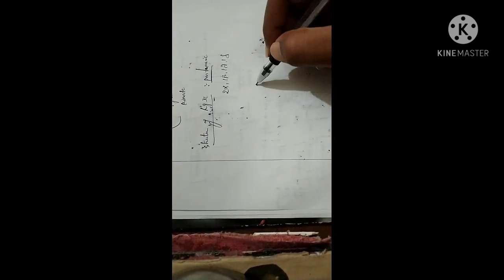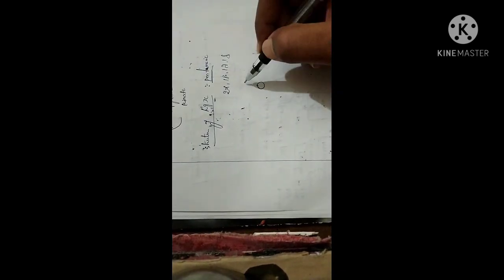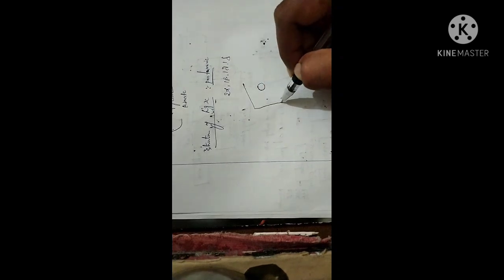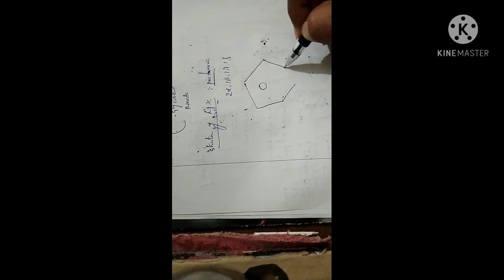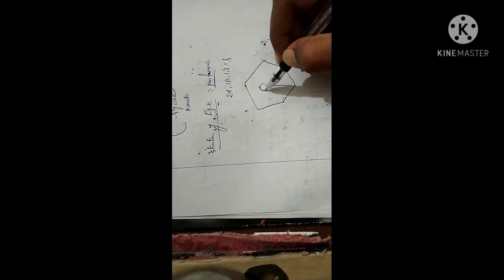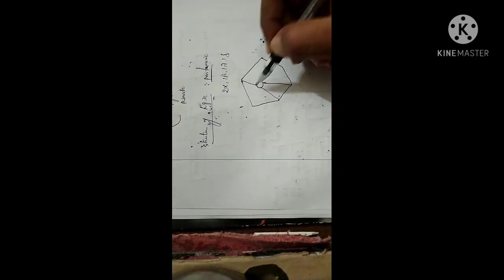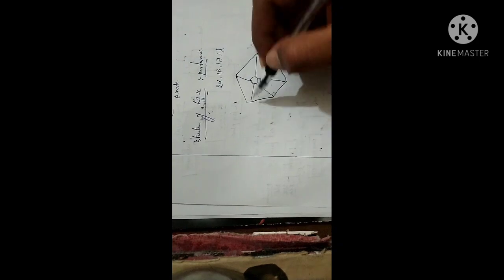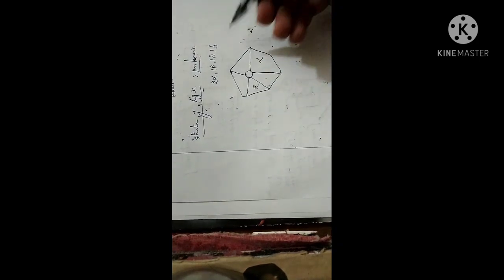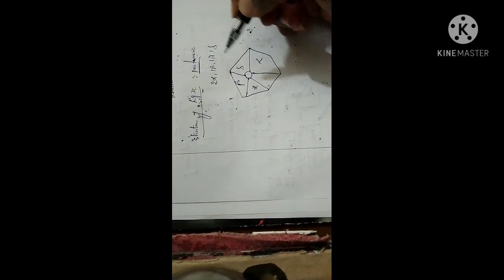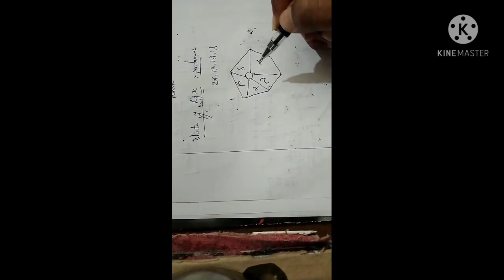Suppose it looks like this. It has 2 alpha subunits, 1 beta subunit, 1 delta subunit and 1 gamma subunit.